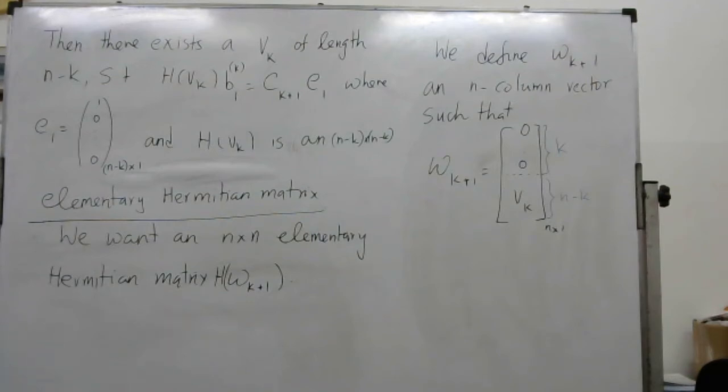So now once you do that, once you get omega k plus 1, you can get H omega k plus 1, but you have to make sure that it is an elementary Hermitian matrix. So you have to make sure that the properties of elementary Hermitian matrices are satisfied.